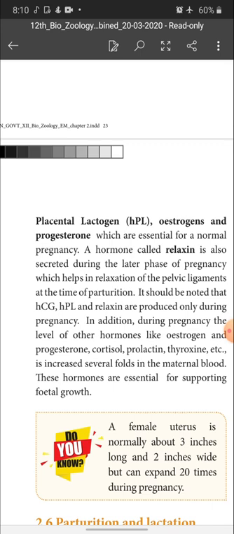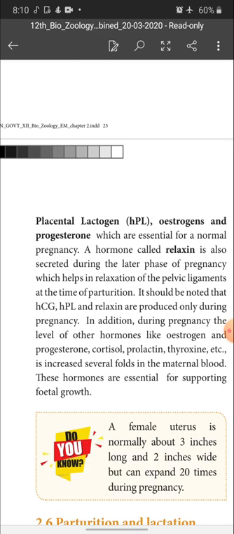In addition, progesterone and estrogen are also secreted. Other hormones also increase their levels. Why they are secreted like that, we will see next.